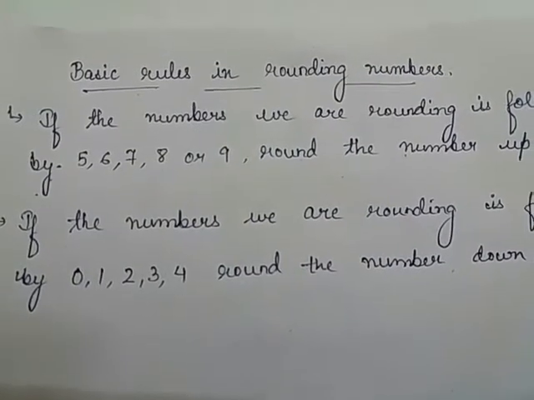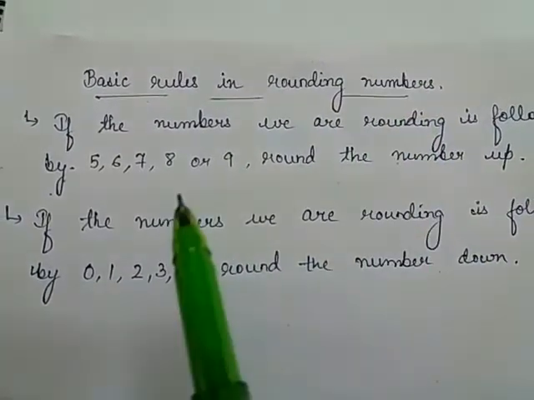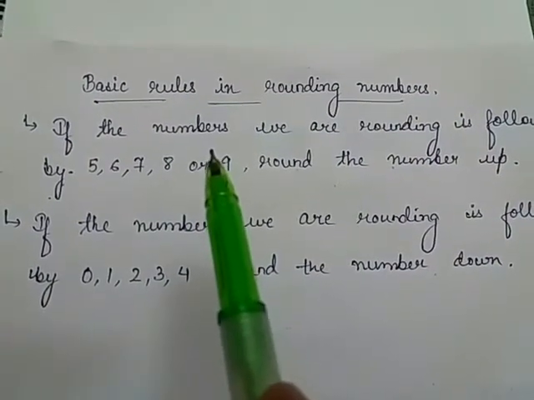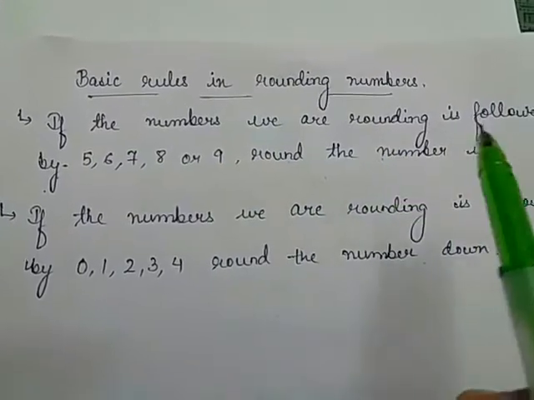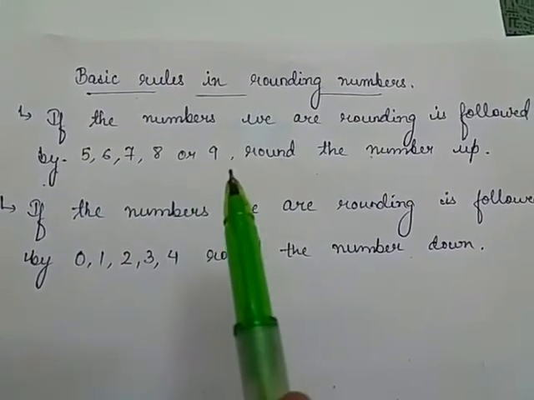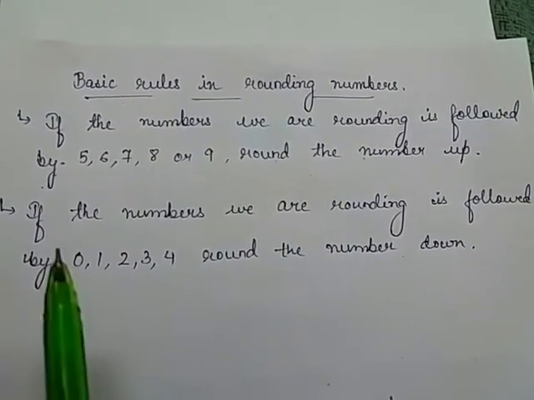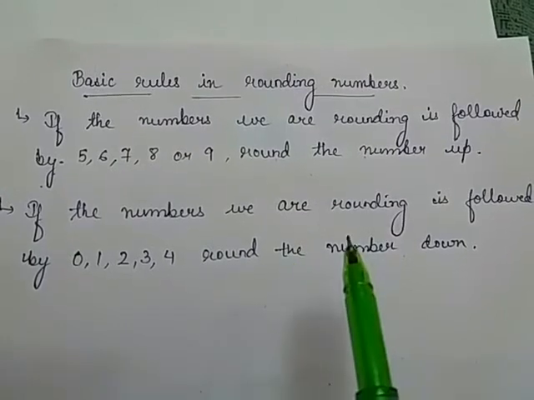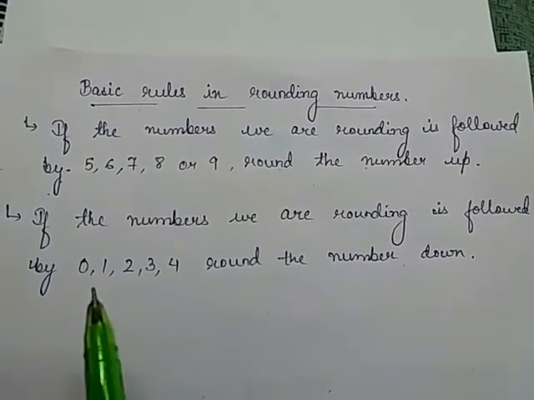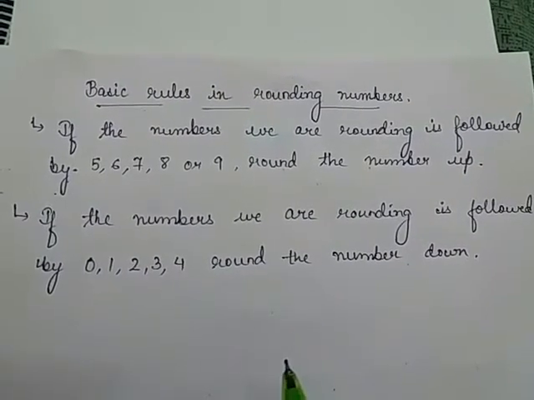Now, here are some basic rules in rounding numbers. First, if the digit next to the one we are rounding is 5, 6, 7, 8 or 9, we round the number up. But if it is 0, 1, 2, 3, 4, we round the number down.